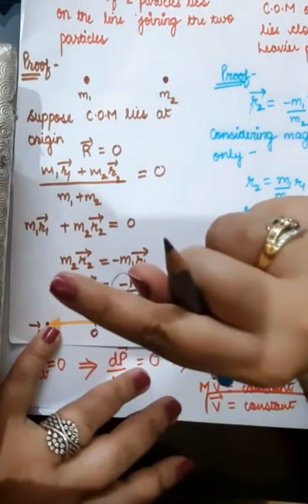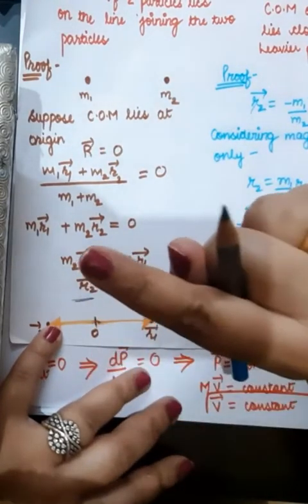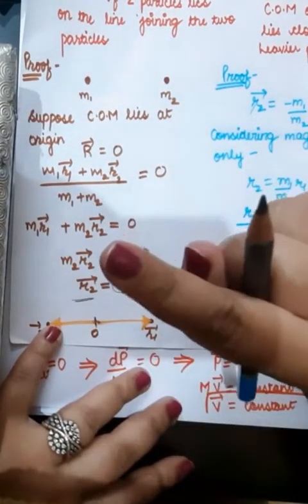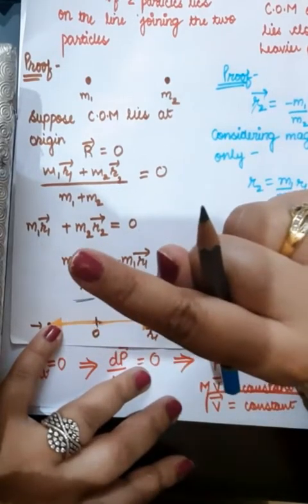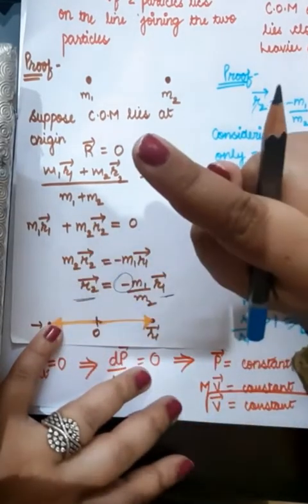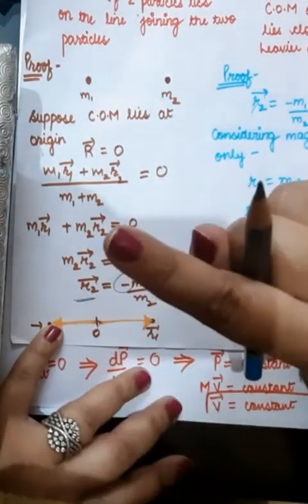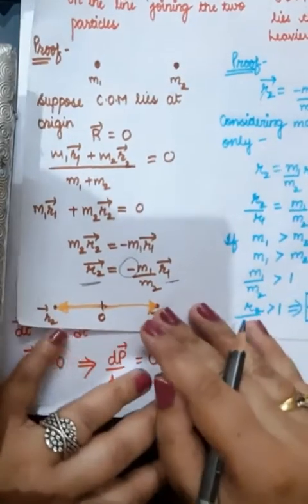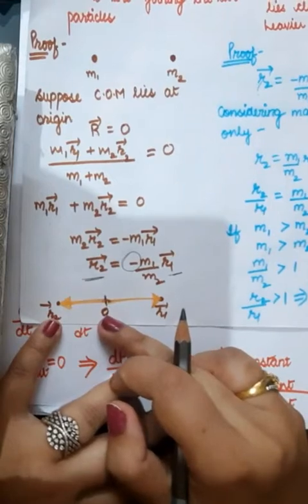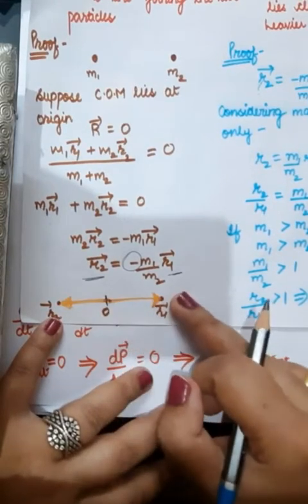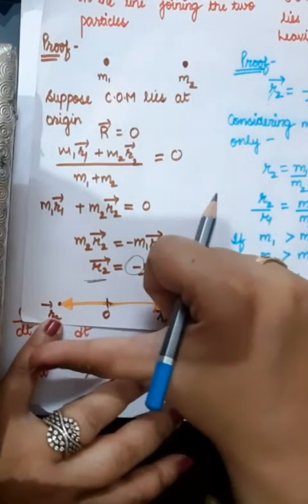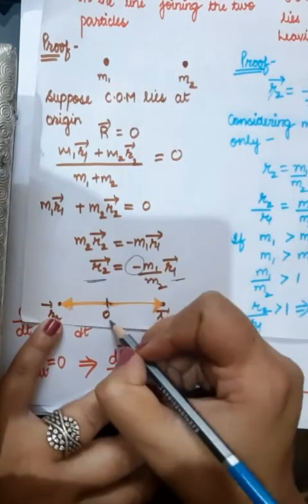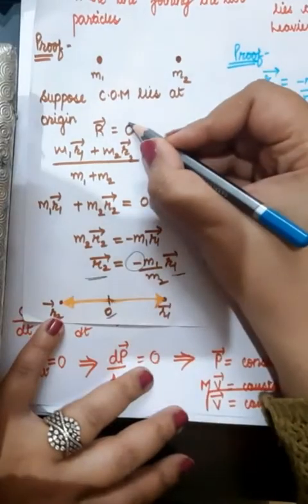So always remember, when two vectors are related to each other by a negative sign, this clearly indicates that they have exactly opposite directions, right? This is the origin. So if r1 vector lies to the right of the origin, r2 vector will lie to the left of the origin. So origin was center of mass because we considered it.